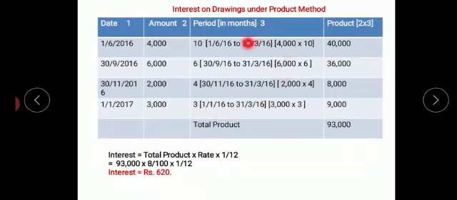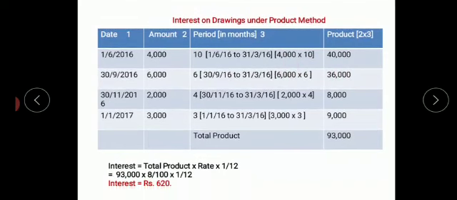So now I should do the products. 4,000 into 10 will be 40,000. 6,000 into 6 is 36,000. 2,000 into 4 gives me 8,000. 3,000 into 3 gives me 9,000. Now I take the total product, which gives me 93,000.